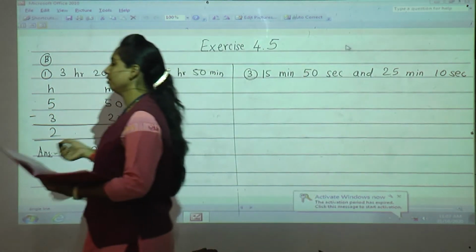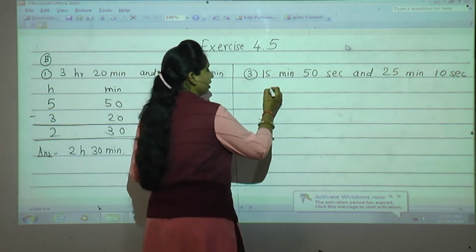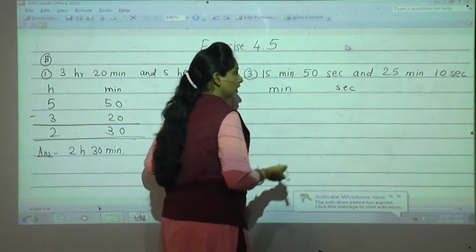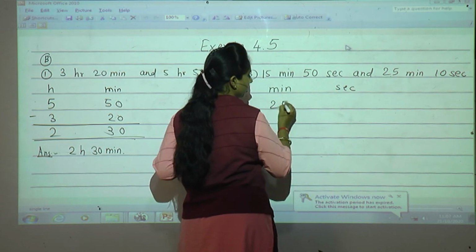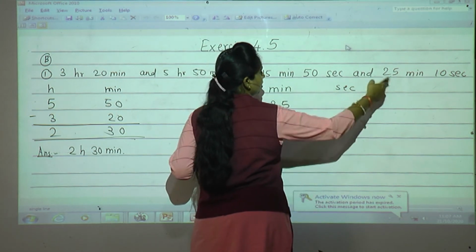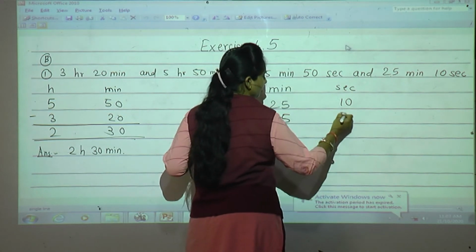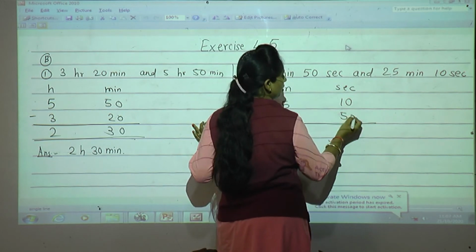See which is greater, 15 minutes or 25 minutes? First write minutes and seconds. Then which is greater, 15 or 25? Of course 25. 25 minutes 10 seconds and 15 minutes 50 seconds. Give the subtraction symbol and do the subtraction.